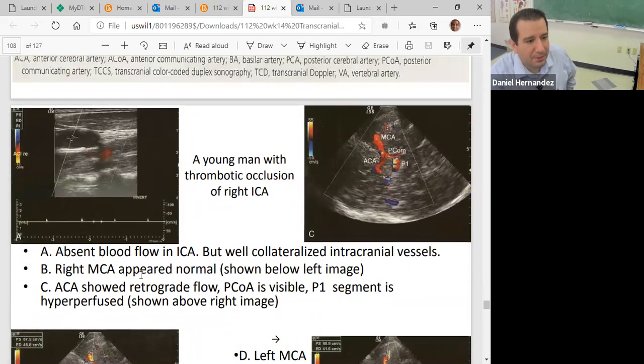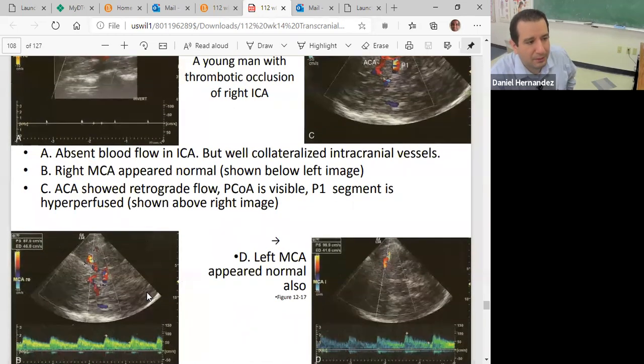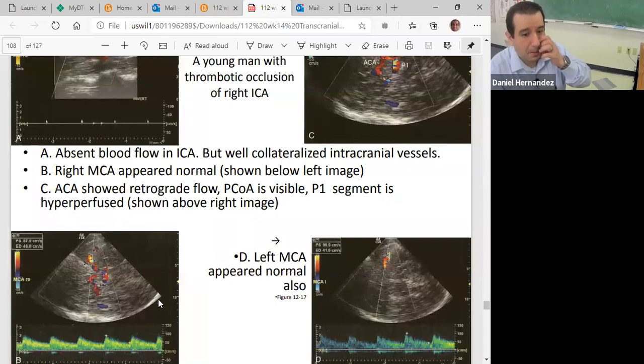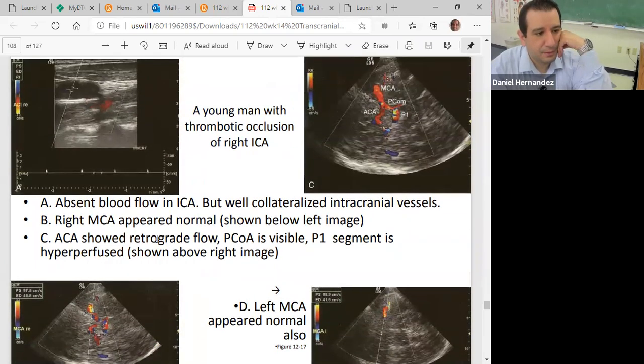The right MCA appeared normal, shown below on the left, and the left ICA also appears normal. But we get retrograde flow in the anterior cerebral artery.